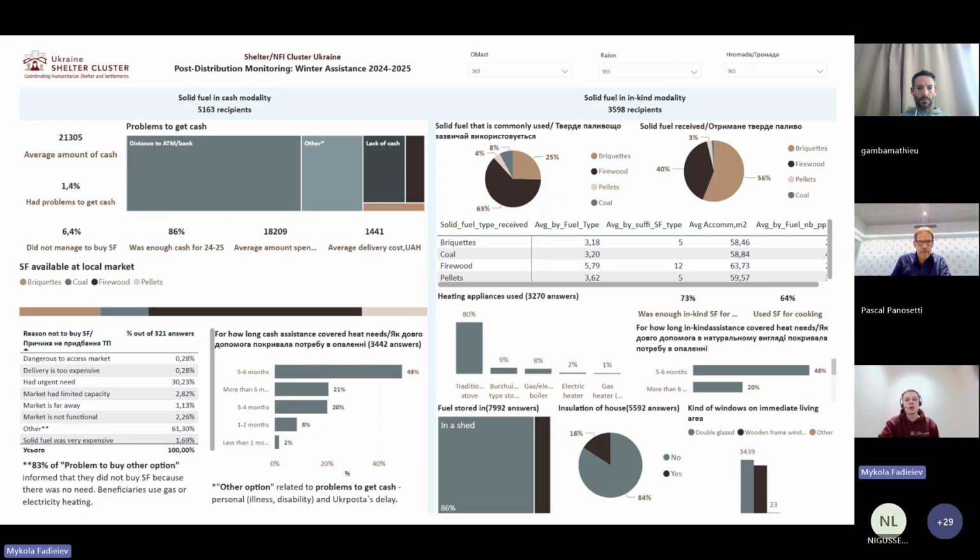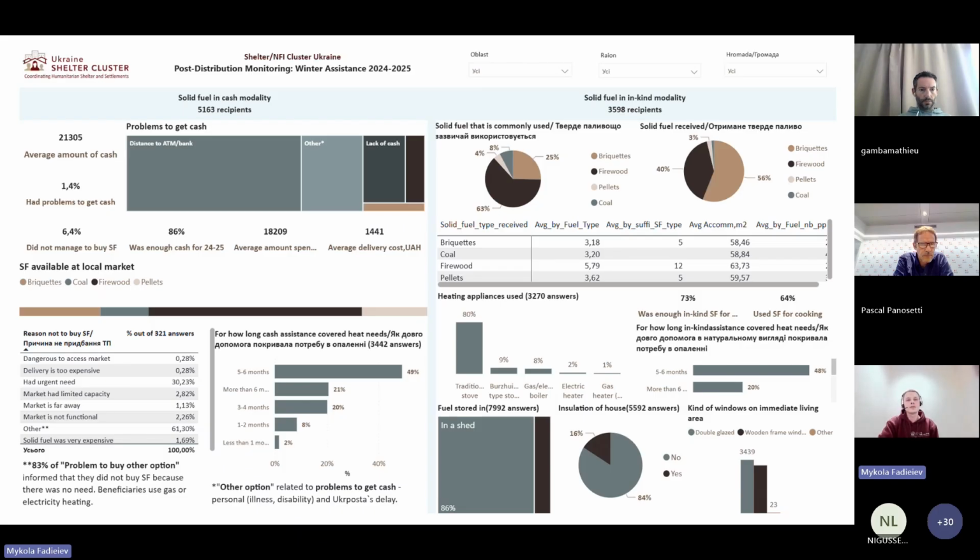The first tool I mentioned at the beginning of my presentation is the dashboard created based on the datasets of the post-distribution monitoring field questionnaires. This year the cluster created a unified questionnaire form and asked the partners to use it during their post-distribution monitoring stages.